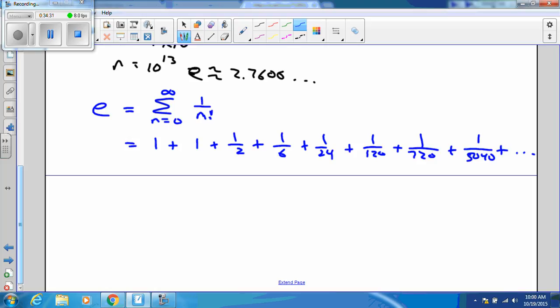And if you examine these terms, you can see that the denominator gets very large very quickly. The next term here is going to be 4320. The next term after that is going to be about 360,000. So we only need to go out to about n equals 20 to get an extremely accurate estimate for e.